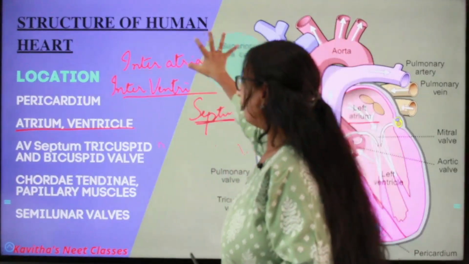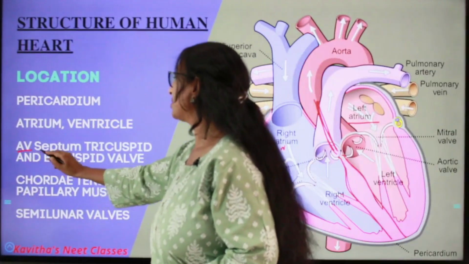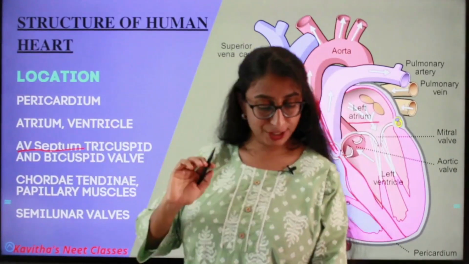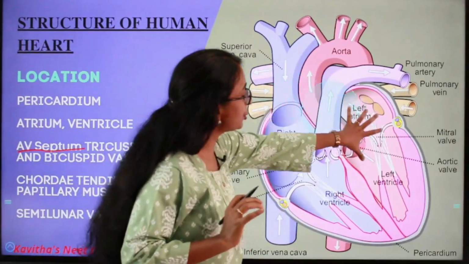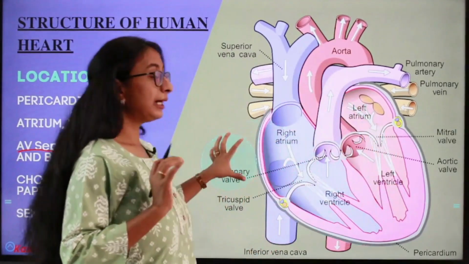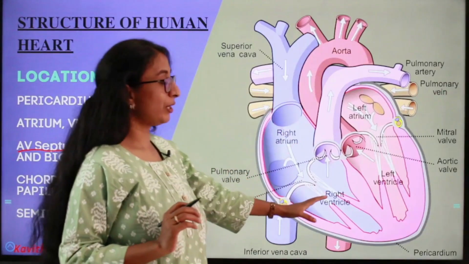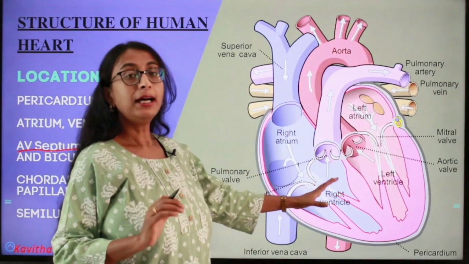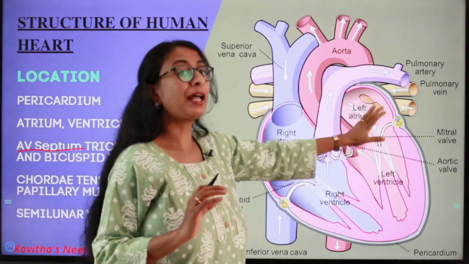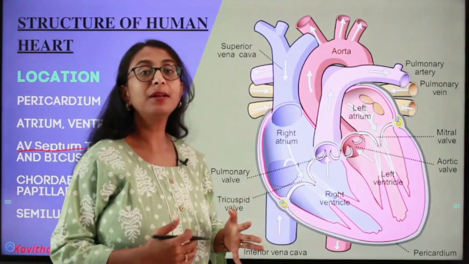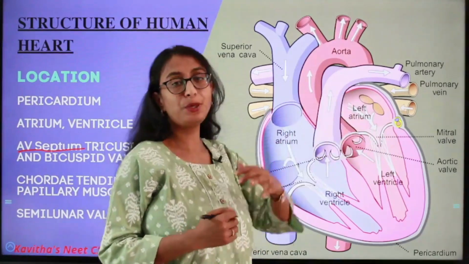Now we shall discuss the atrioventricular septum. A thick fibrous tissue separates the atrium and the ventricle on either side, and it is guarded by valves, which are called the tricuspid and the bicuspid valve.